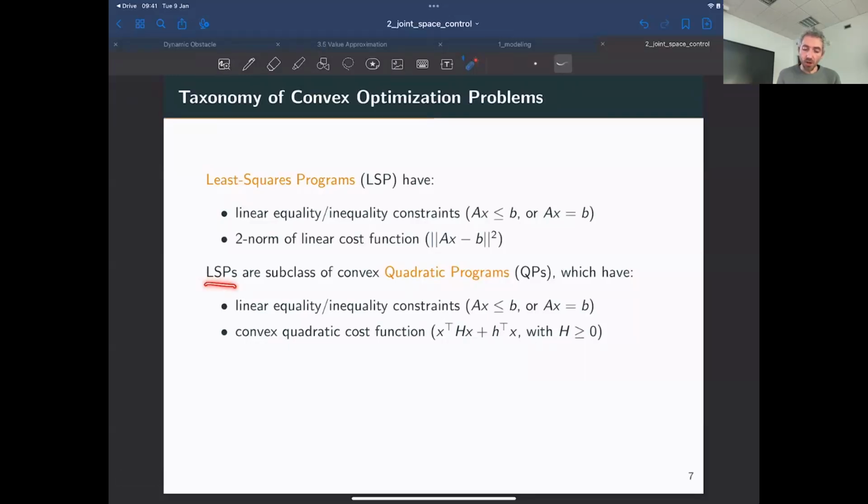Indeed, least squares programs are a subclass of convex quadratic programs, which have the same constraints, but allow for a more generic cost function, which is the quadratic cost function. So the least squares cost is just a special case of a convex quadratic cost.